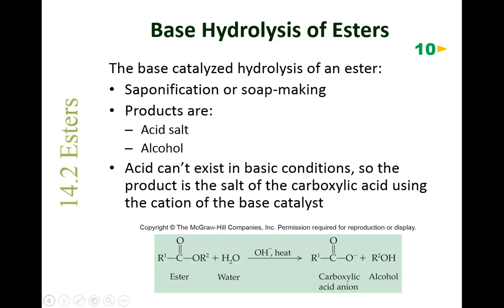All right, so look at this reaction here. Again, ester and water, so that part doesn't look different. But what's different here is instead of using acid, we're using a base. So you go, why would I want to do that? Well, notice what you get: we're trying to make the salt of the carboxylic acid. So we're still going to get an alcohol. That part looks the same.